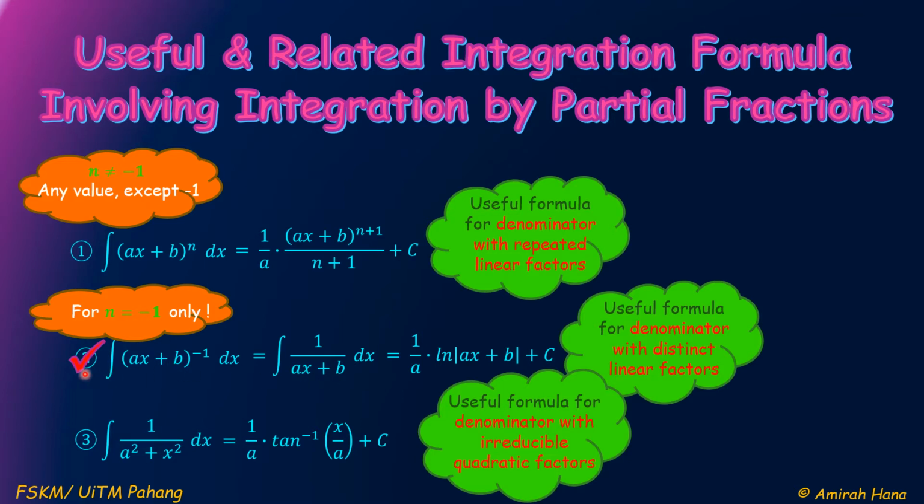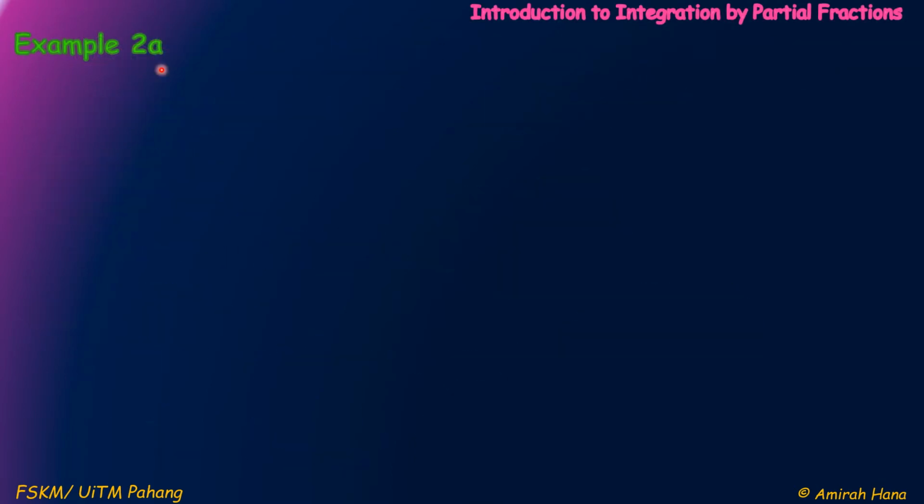In this video, we are going to discuss an example using this formula. Let's look at example 2a. Say we want to integrate 1 over 2x + 1 dx. We can write 1 over 2x + 1 as (2x + 1)^-1, and from here we have n equals -1.